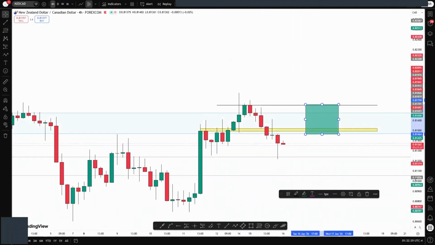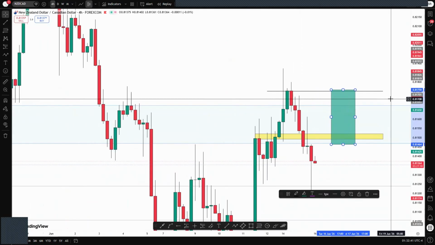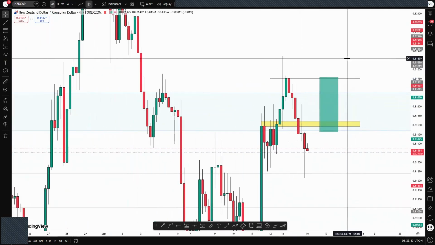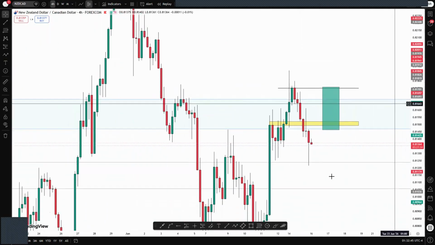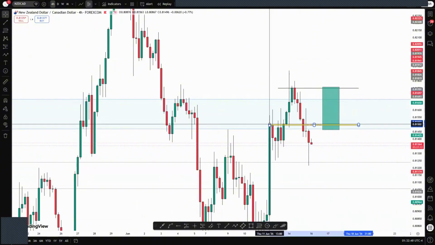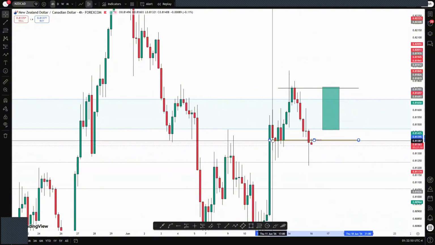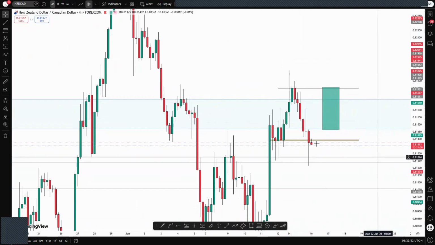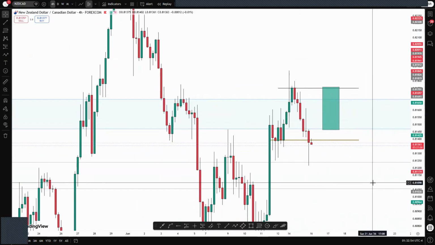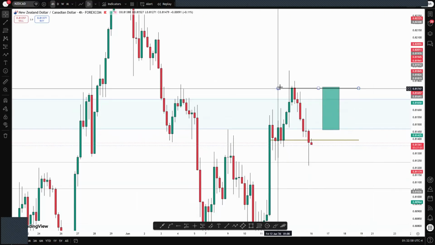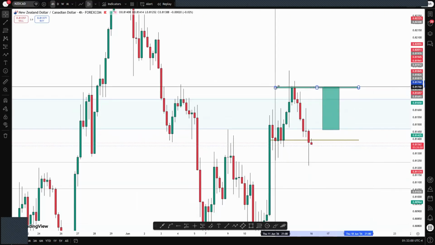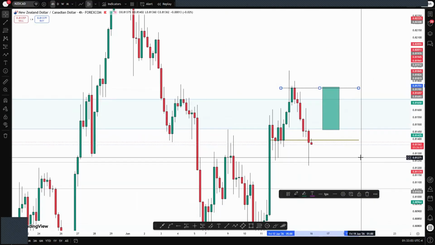And interestingly enough, you can see what has happened, that the 4 hours has gone bearish here, that's taken out the higher low. You see? So we can only buy when price breaks above this level in the 4 hour time frame.